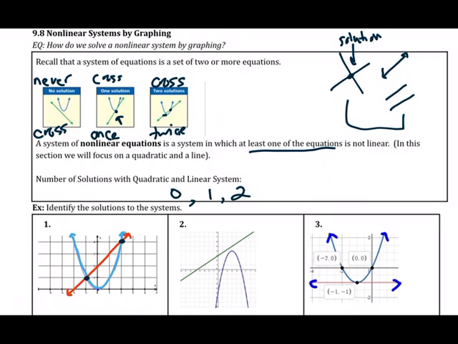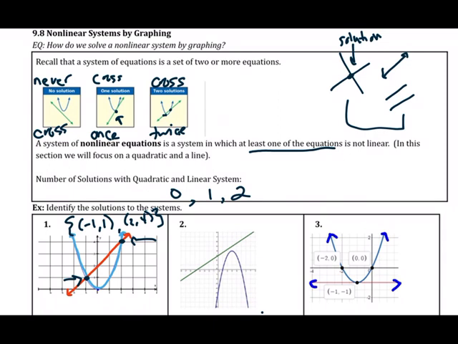So it's happening twice. If we were just asked how many solutions are there? There are 2. And what are the 2 solutions? They are negative 1, 1. That's this point. And this point over here is 2, 4. So the two functions have 2 solutions, or 2 places that they intersect. They intersect at the point negative 1, 1 and the point 2, 4.